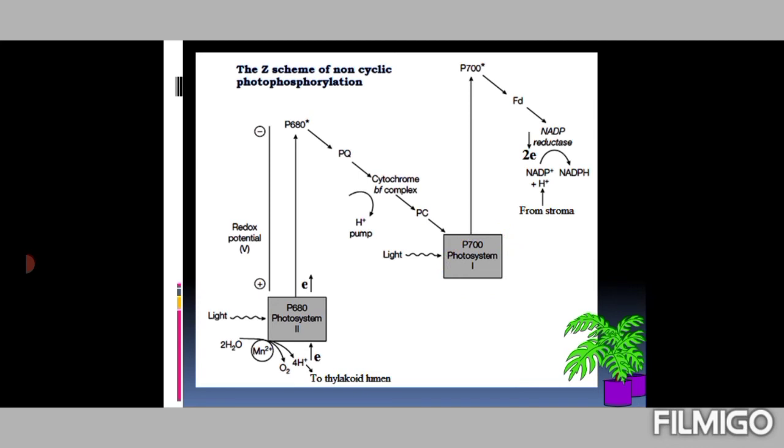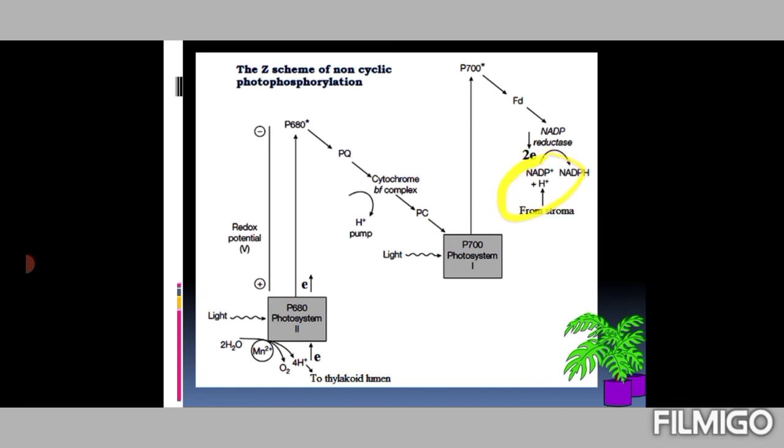Now photons fall on photosystem first, and finally the P700 principal pigment releases a high energy electron. Those electrons are accepted by the primary electron acceptor, then go down the energy level, accepted by ferredoxin, and then a couple of electrons travel to reduce NADP plus to NADPH.